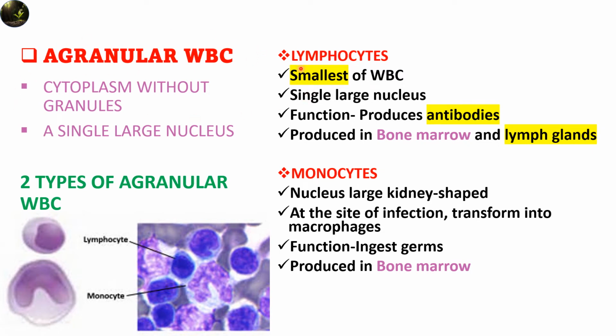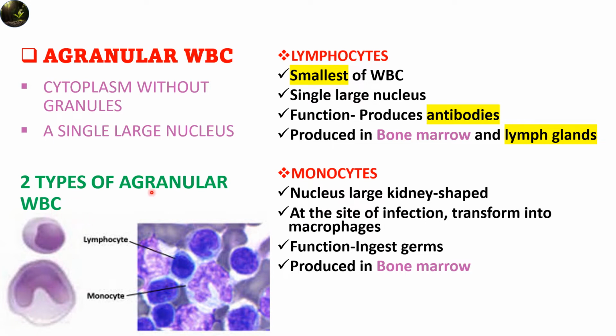Agranular WBC. Mainly there are two features: cytoplasm without granules, and a single large nucleus. Here in this picture you can see there are no granules in the cytoplasm of this WBC.